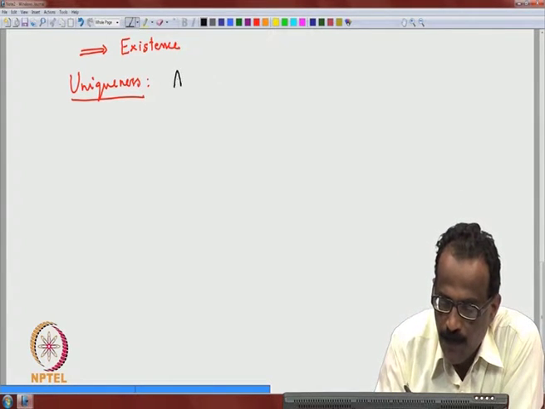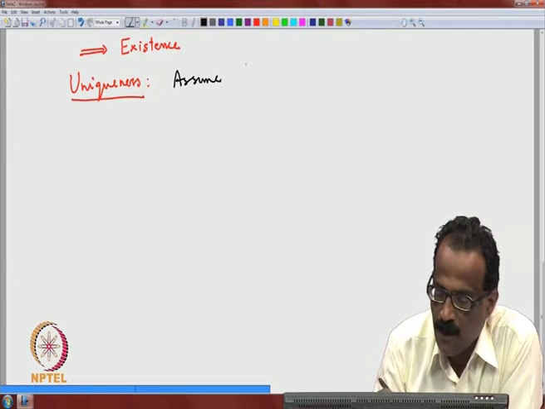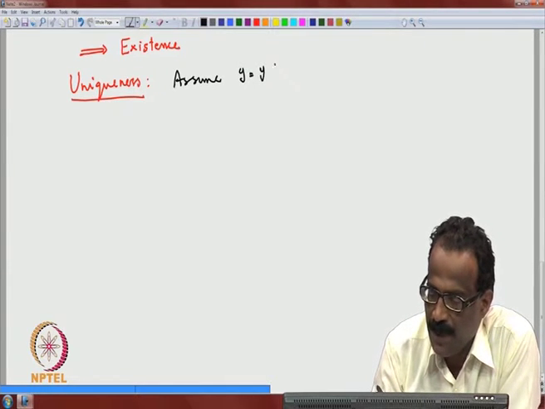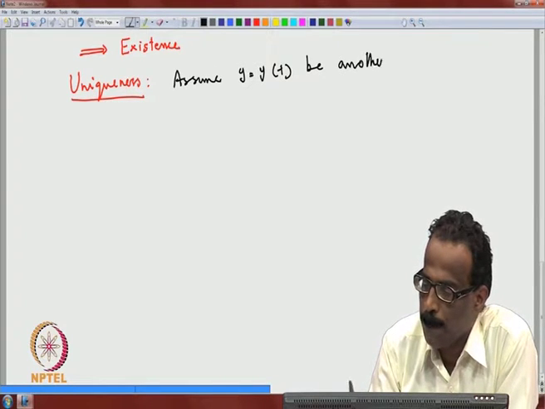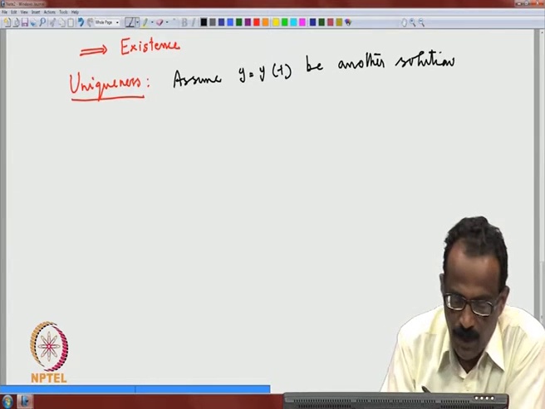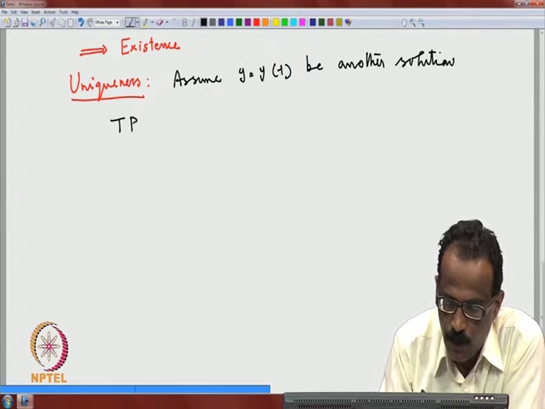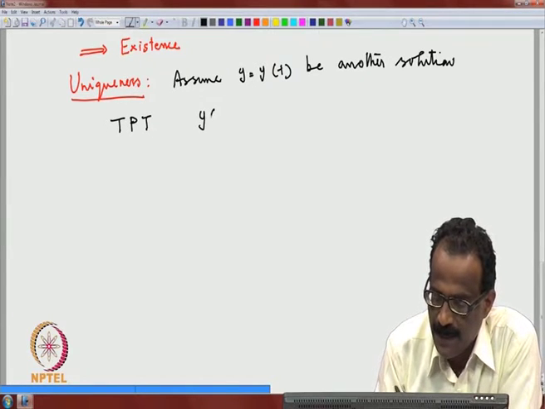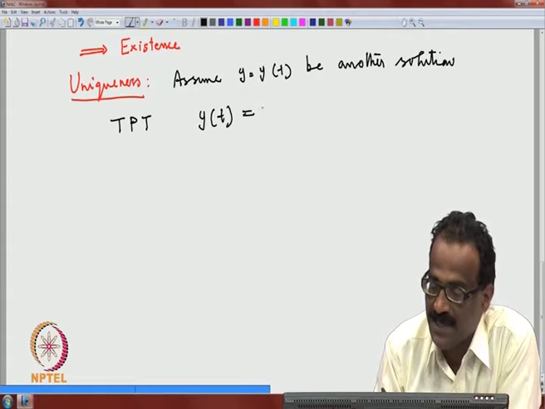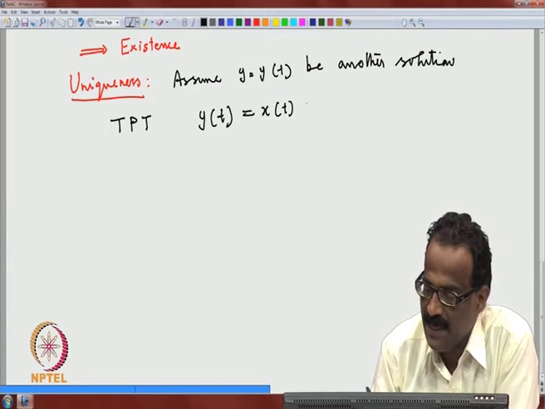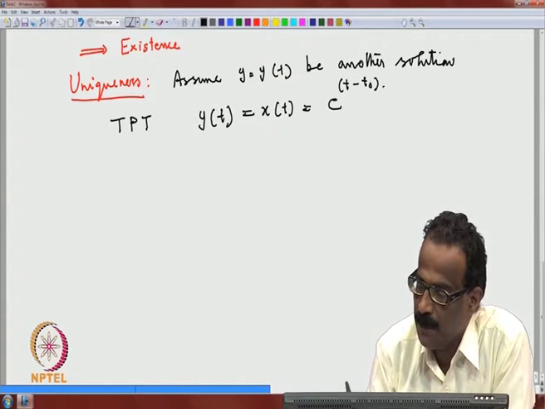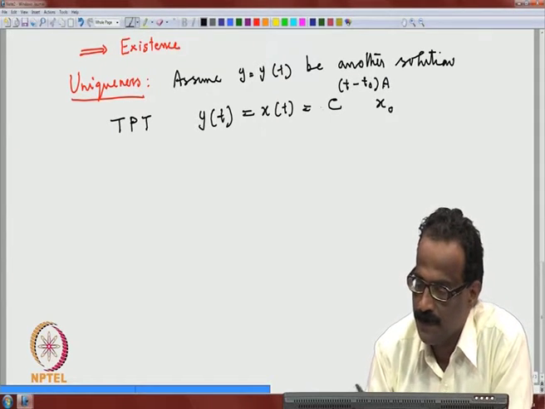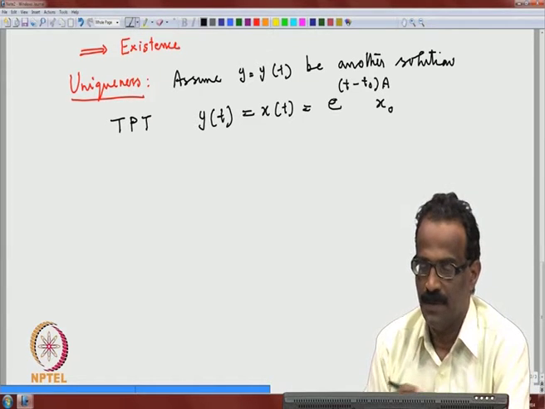So, assume y equal to y t is another solution. Then to prove uniqueness, you have to prove that y t is equal to x t. X t is defined already. X t is nothing but e power t minus t naught of a into x naught.